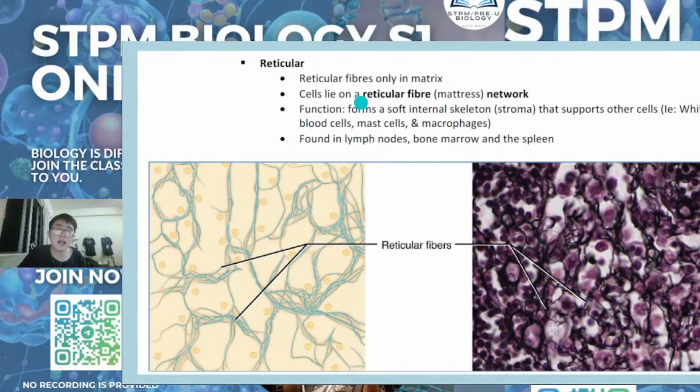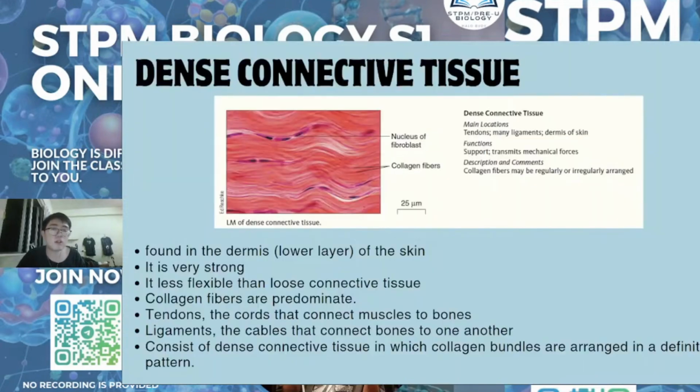The cells are lined on the reticular fiber network, and normally the function is to form a soft internal skeleton, the stroma, that supports the other cells, like white blood cells, mast cells, and macrophages. So it supports all these cells. Normally it is found in the lymph node, bone marrow, and the spleen, in the lymphatic system. Okay, so this is reticular tissue.